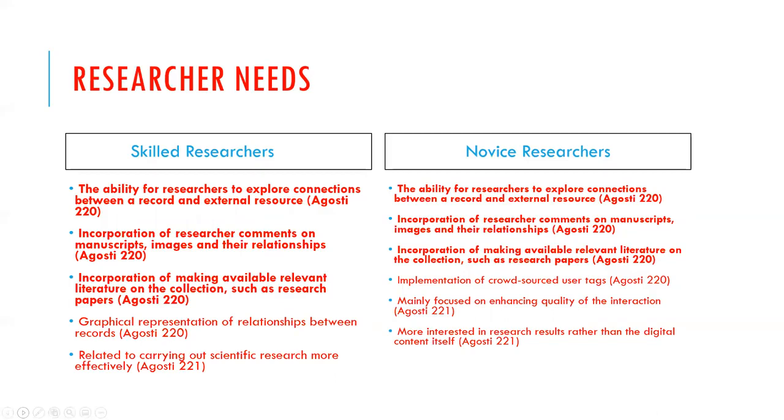So there is some common ground, and I think it would be a really great idea for archivists to learn more about what that common ground is and add tools to online finding aids and online collections that meet the needs of both novice and skilled researchers alike, because again, you're providing tools that are going to be useful for the largest number of people, which is great.